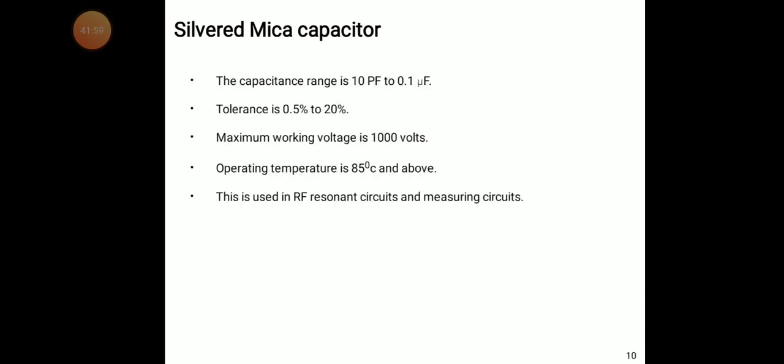Next one is the silvered mica capacitor. The silver mica capacitor range is 10 picofarad to 0.1 microfarad. Tolerance is 0.5% to 20%. Maximum working voltage is also high, 1000 volts. The stacked mica capacitor also has high working voltage ratings.